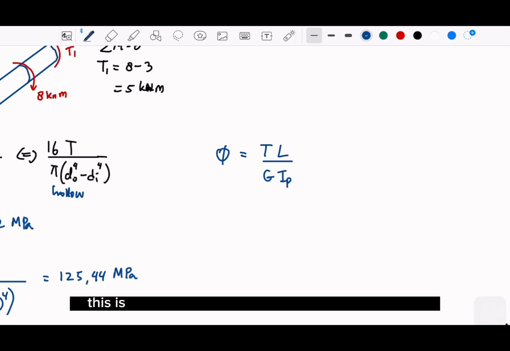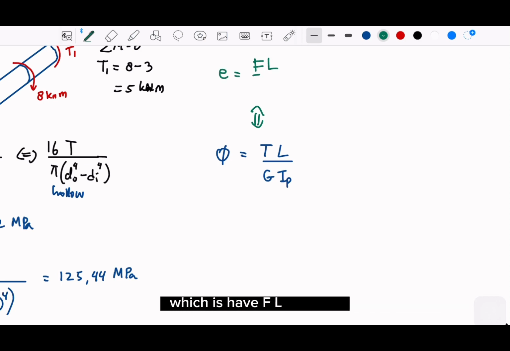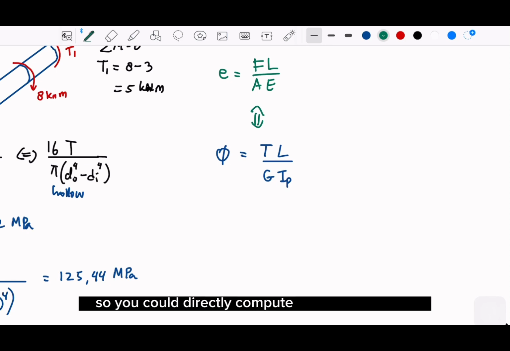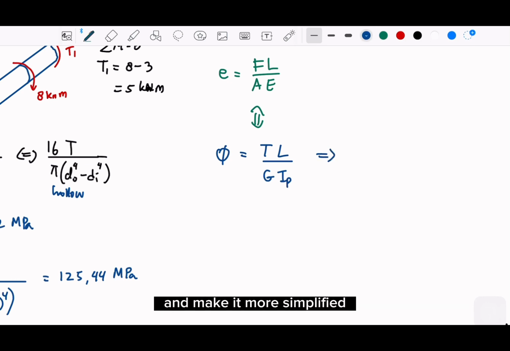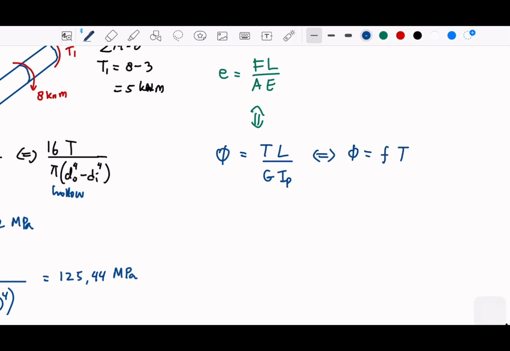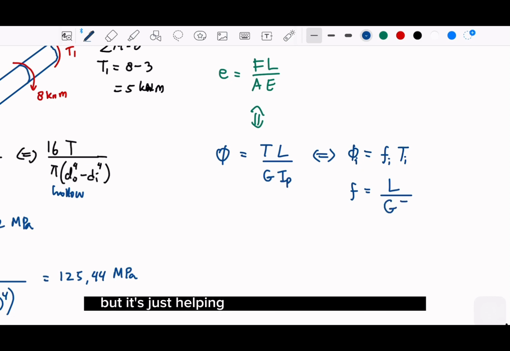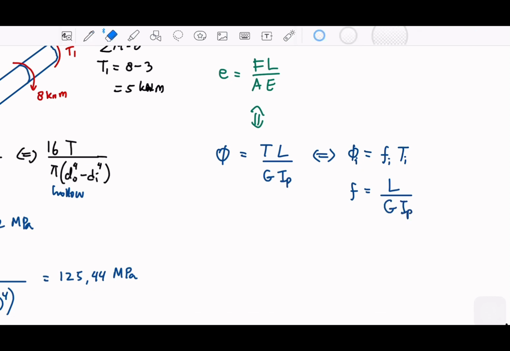This is in comparison pretty similar to the elongation, which is F, L, over A, E, right? So you could directly compute using this formula, or you want to change this formula and make it more simplified, and you can have better structure in your writing to help you organize your solutions. You can write this as f and T. This small f is L over G I. So they are basically the same thing, but it's just helping you organize your structure.